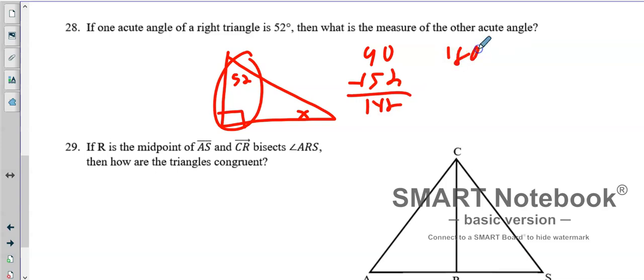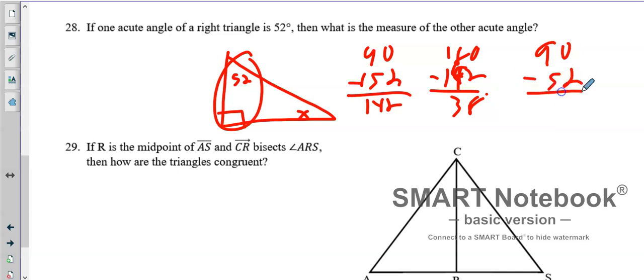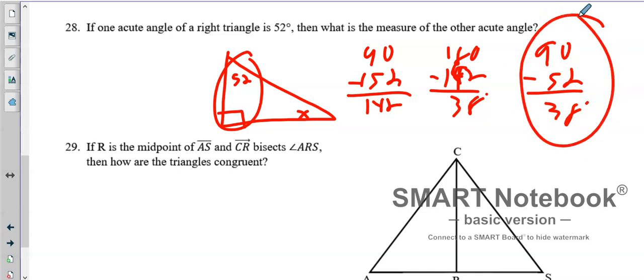And then subtract that from 180. Sorry, 152. No, 142 is right. And get 38. That's one way to do it. The quicker way is, if it's 90 degrees, those two have to be 90 degrees. So I could have just done 90 minus 52 and gotten 38. Either way is right. This way is a little quicker, but it doesn't matter. They both work.